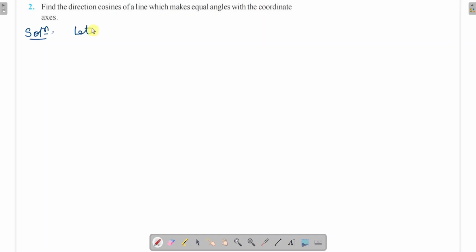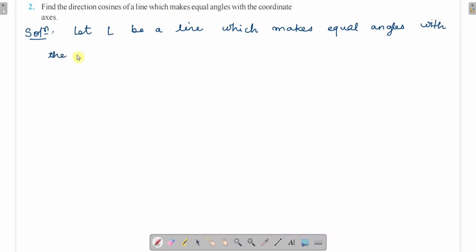Let L be a line which makes equal angles with the x-axis, y-axis and z-axis.